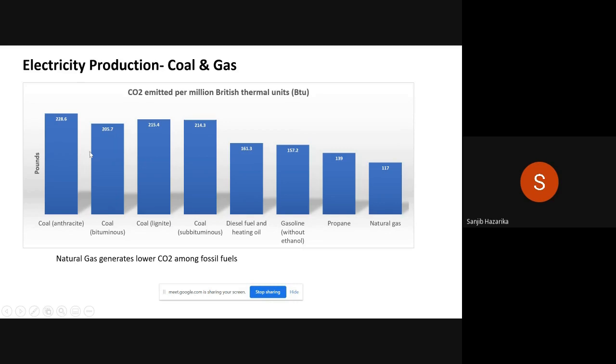If we compare all these types of fuels, coal, then diesel, then gasoline, and also propane, and then natural gas, we can find that natural gas is far cleaner among all the fossil fuels that can be used in either a coal-based power plant or a gas-based power plant. So comparatively, it is a cleaner fuel.